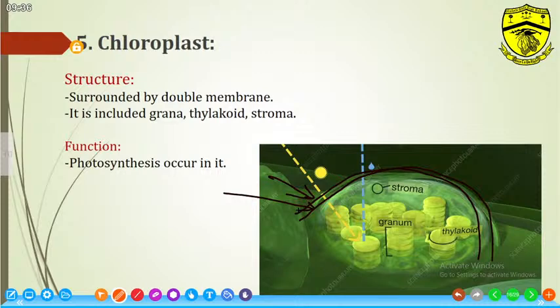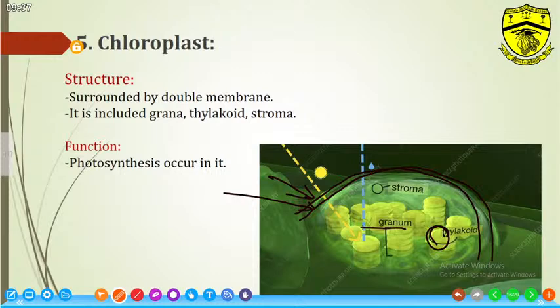So in here, the stroma, and the granum, the coin shapes also present in it, coin-like structures. We call that a granum. And this one is also thylakoid. A coin structure we call thylakoid. The sequence order of coins is called granum.